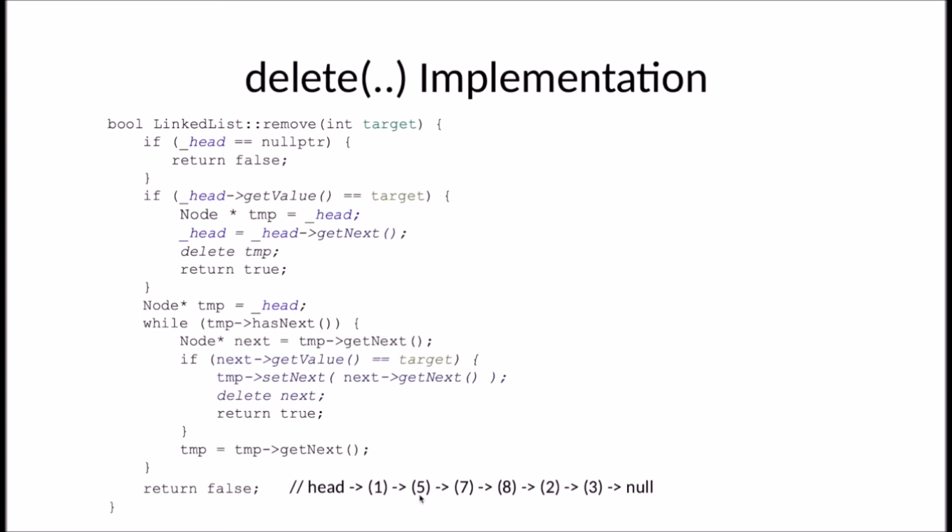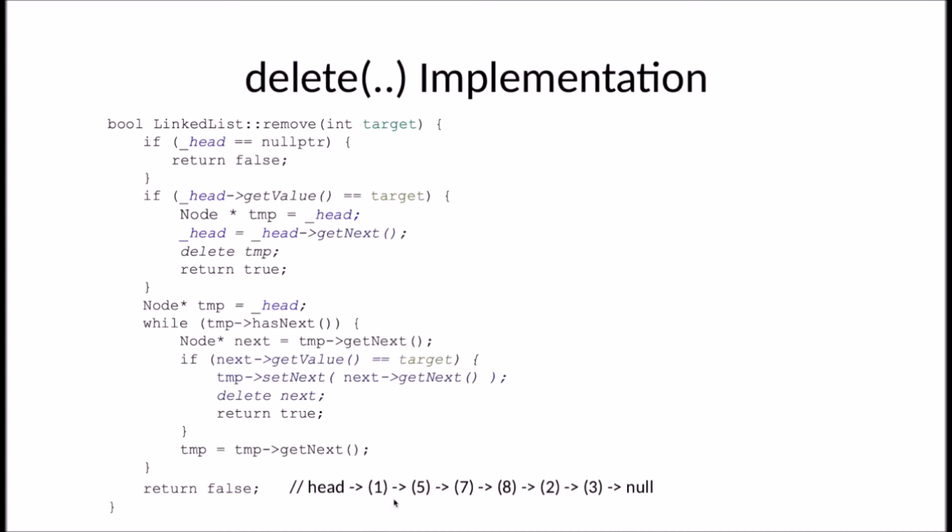Now I check if the value stored in the node 5 matches the target. If it does, I enter this special case. So let's say the target is indeed 5. I want to remove 5. temp.setNext, and then I pass next.getNext. So let's pause a moment and chew on this. Temp points to 1.